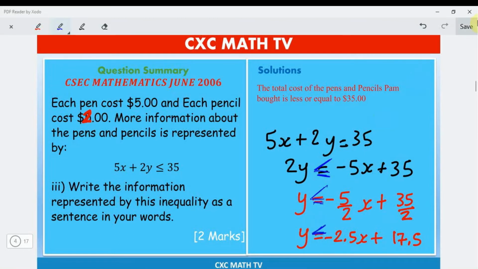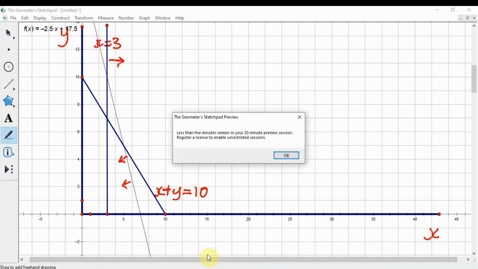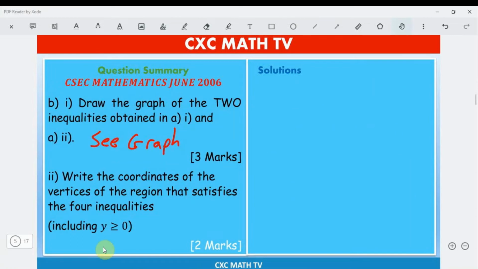Below the line means that, let's put an arrow on it. We'll go back to our graph and we're below the line. Below the line means we're here. We're below this line. And then finally, the last line that we need to input on our graph is y greater than or equal to 0.